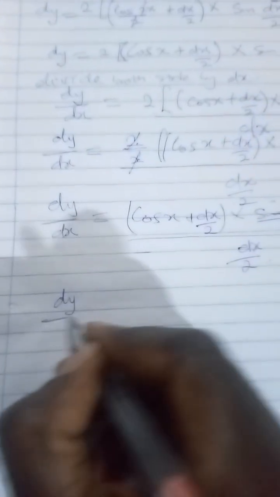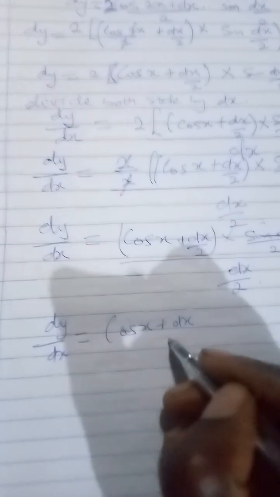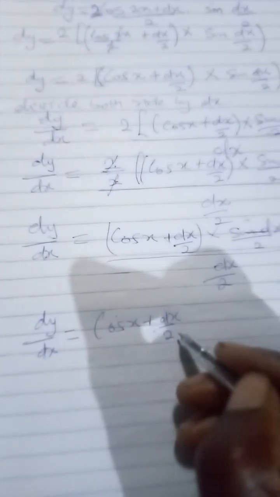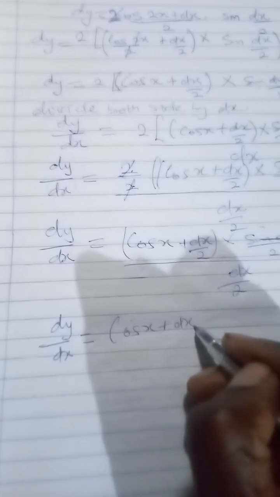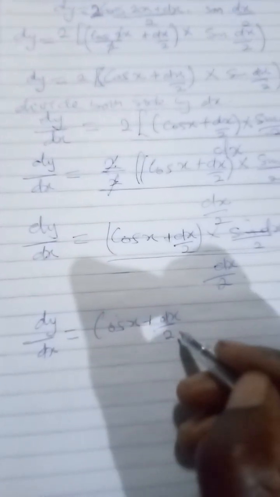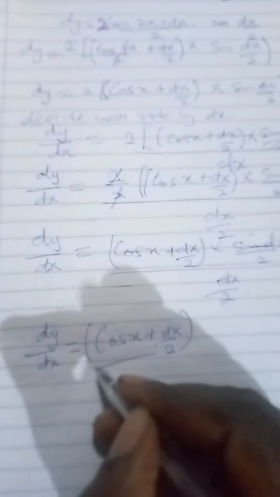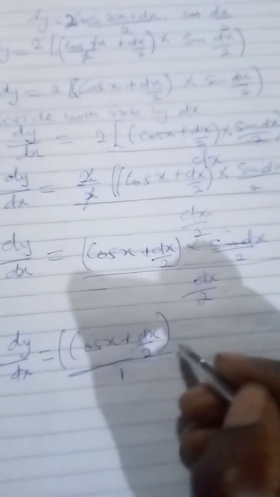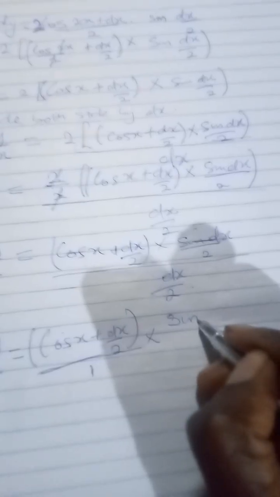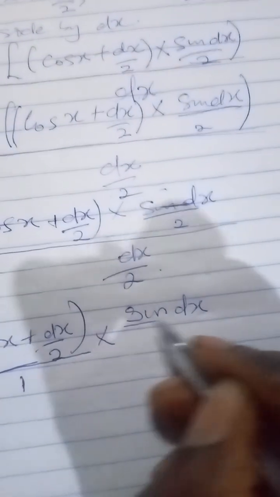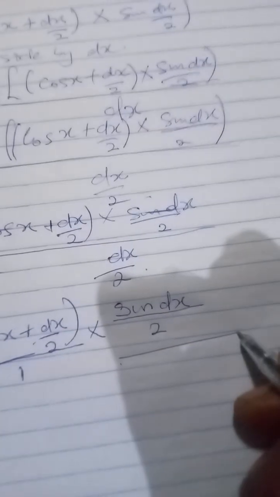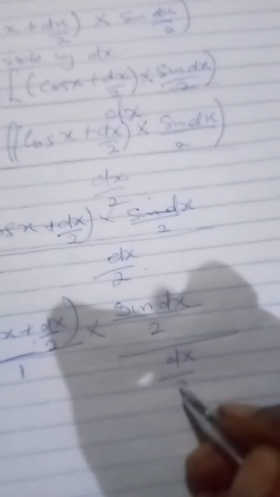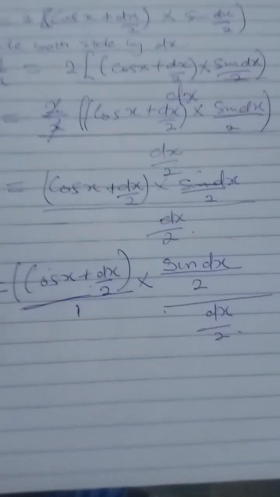So your dy over dx now will give you, this is the same thing as saying cos x plus dx over 2 divided by 1, all over 1, multiplied by sin dx over 2 divided by dx over 2. Is that cleared?